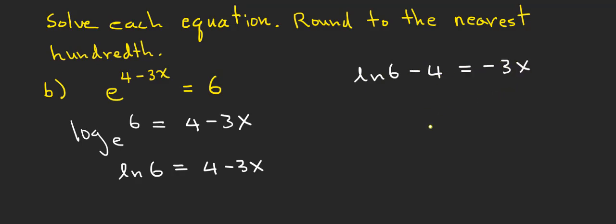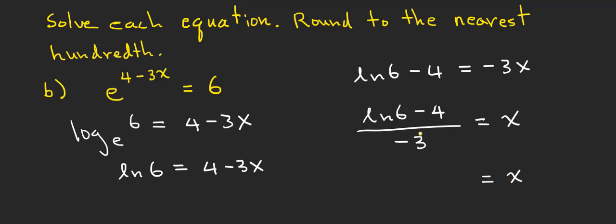Divide both sides by negative 3. You get natural log of 6 minus 4, all over negative 3. Now, use your calculator to get the answer in decimals. And you get approximately 0.74. Now be careful when you use your calculator. Make sure to put parentheses around the numerator, or else sometimes you get the wrong answer.